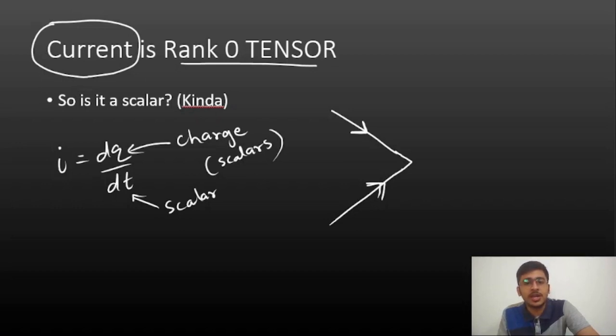What we are representing with these arrows is not the direction of current, but the direction of motion of the ions, let's say positive ions, or holes in semiconductors if you study in further classes. It behaves like a scalar because two currents can directly add. If I have 2 ampere in this direction and 2 ampere in this direction, it simply adds and gives us 4 ampere here. Whereas if I were to do this in vectors, it would be quite different.